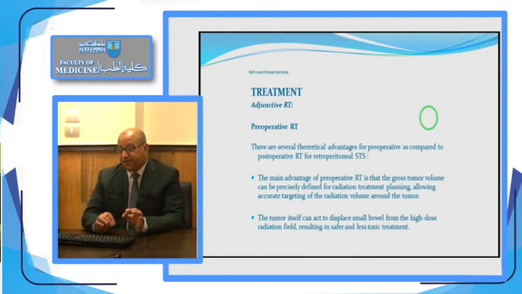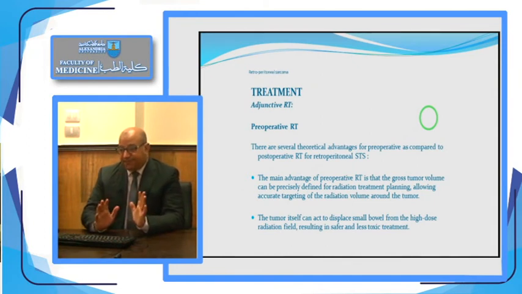There are several theoretical advantages of preoperative as compared to post-operative radiotherapy for retroperitoneal sarcomas. The main advantage is that the gross tumor volume can be precisely defined. So I can assess the whole tumor volume for radiation treatment planning, allowing accurate targeting of radiation volume around the tumor.